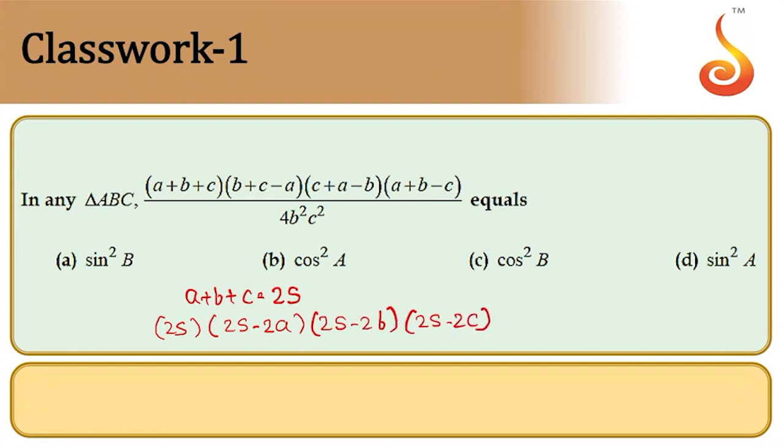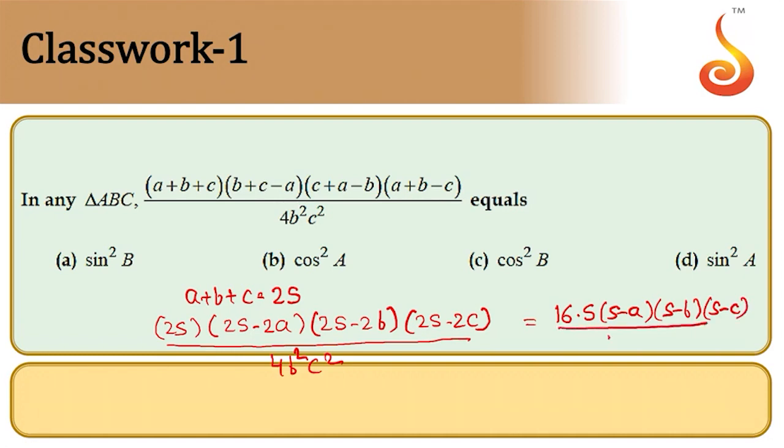If we replace B plus C as 2S minus A, divided by 4B square C square. If we take 2 out in every case, 2, 2, 2, 2, we get 16 into S minus A into S minus B into S minus C by 4B square C square.